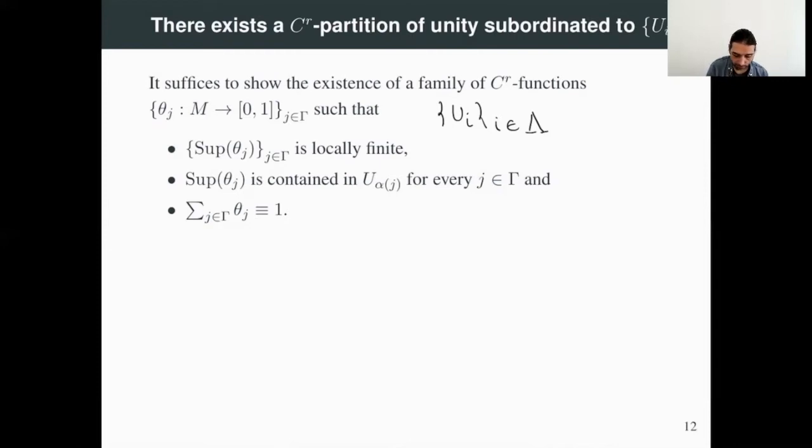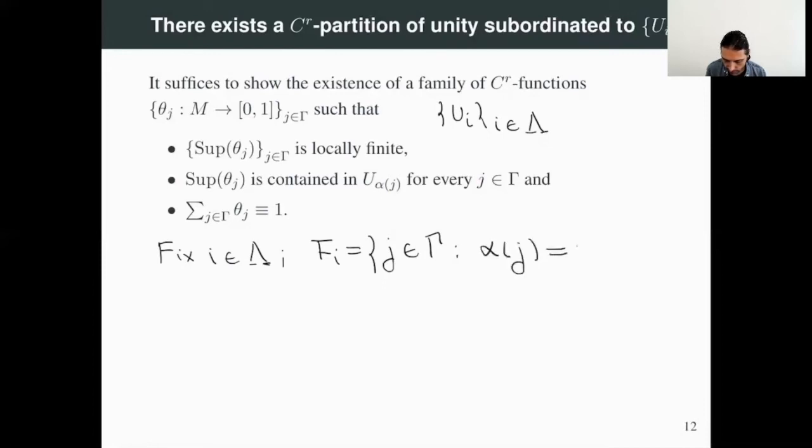Why is that? Okay, so fix an index i that belongs to lambda. And we're going to define F_i as the set of indexes j in gamma such that alpha of j is equal to i.